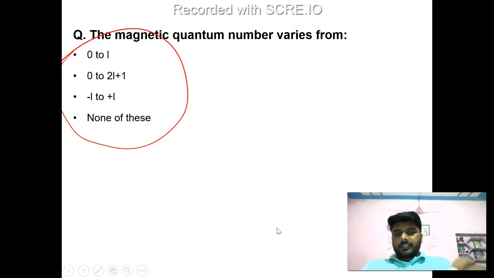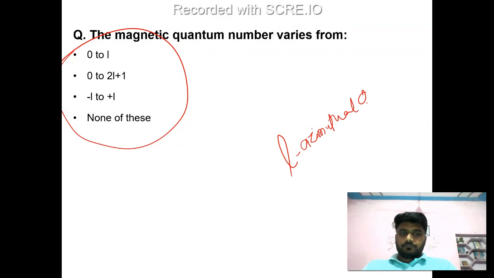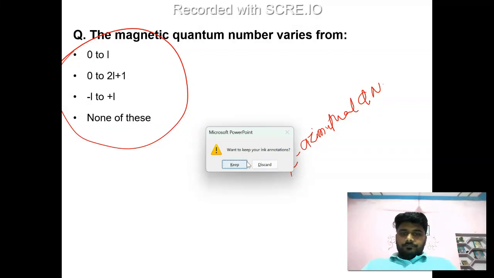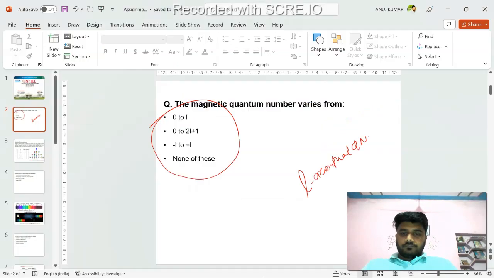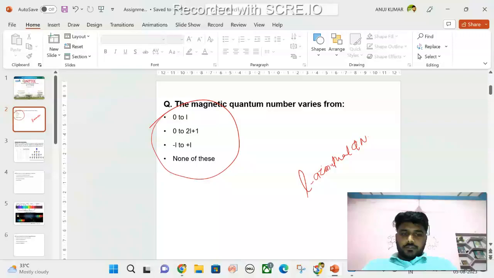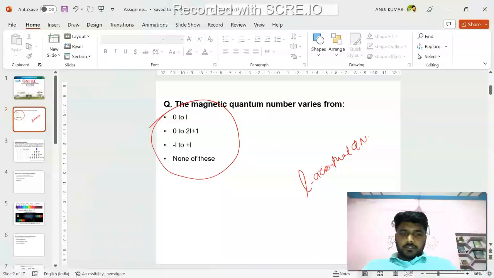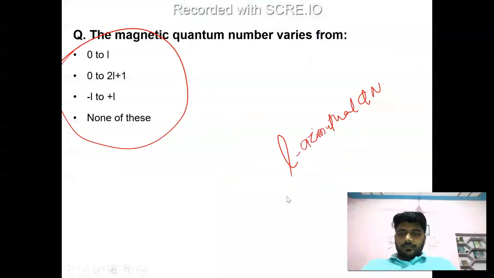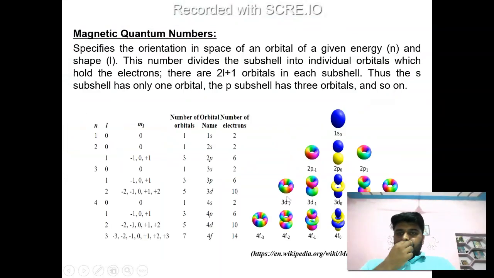L is basically the azimuthal quantum number. The answer is C. So this is the definition of magnetic quantum number.